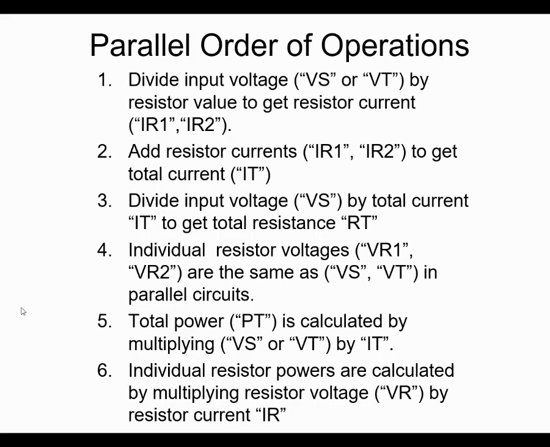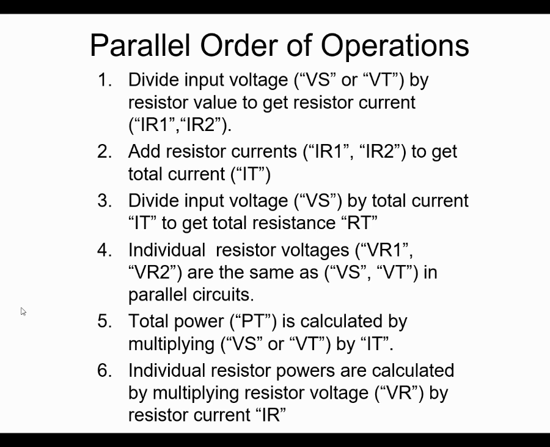Here's the parallel order of operations. The first thing you want to do in parallel is not add the resistors. That's what you do in series. In parallel, the total resistance is going to be a value very different from the resistor values that you have. You want to take your input voltage, that's what's powering the circuit, and divide it by the individual resistor values.